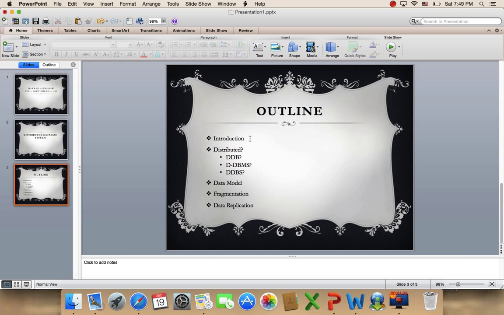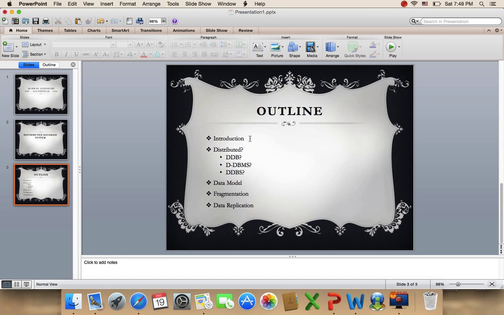Logical describes how the system will be implemented regardless of the database management system. By database management system I mean Access, Oracle, SQL, or any database management system.